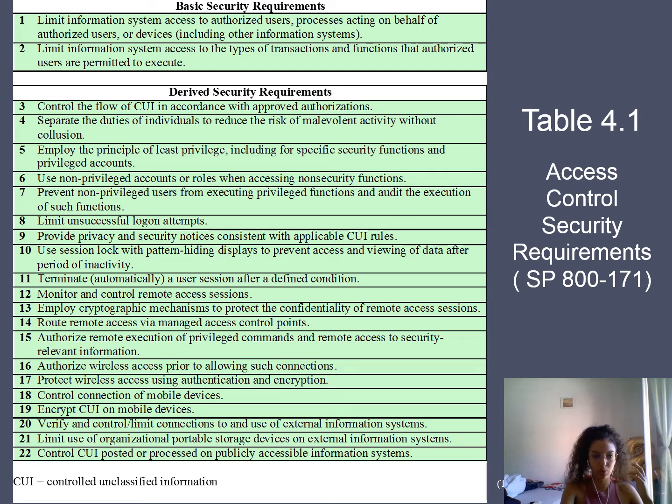Now, in this table, we can see a list of security requirements for access control services. Here we can see the basic security requirements and the derived security requirements. In the basic security requirements, basically the information must be limited to the people that are authorized and the people that have been given an authorization by the people from the first group that I just mentioned.